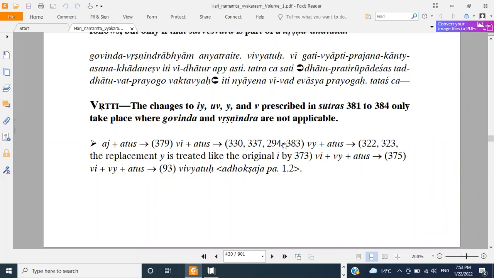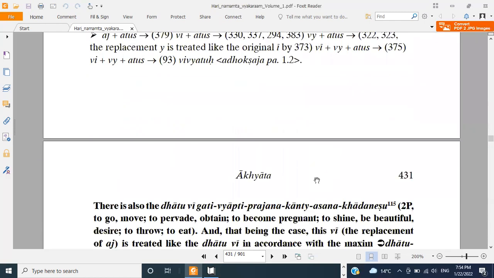So then we are applying 383 here. Asanyoga Purvasya Aneka Sarveshwarasya Idvasya tu Yaha. And then Sthanivat Dirvachanam, Narasya Vamanaha, Vivyatuhu. So Vivaya, Vivyatuhu, Vivyuhu.